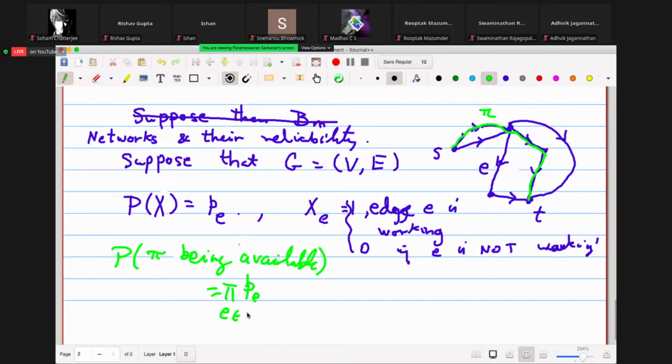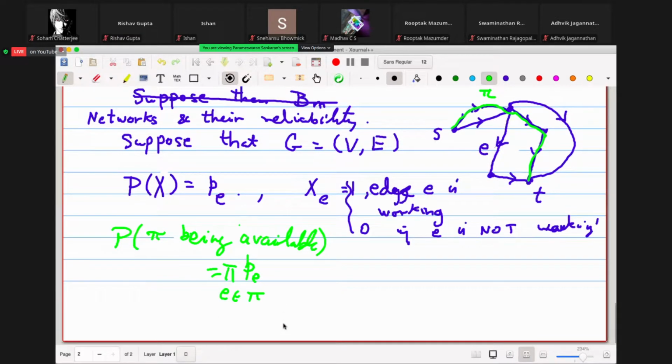Of course, pi is available; let us denote that by x pi. X pi is the random variable which says that pi is available, and that is equal to the product of xe, where E is along pi.